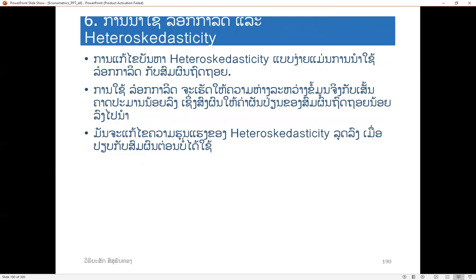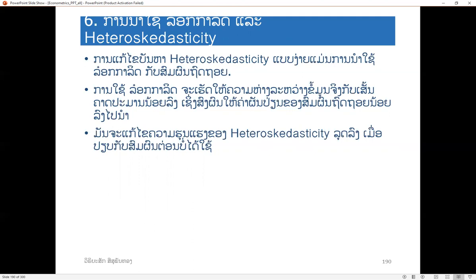Another technique we like to use for heteroskedasticity, which does not actually deal with the problem but scales down the variance of the data itself, is using logarithms.